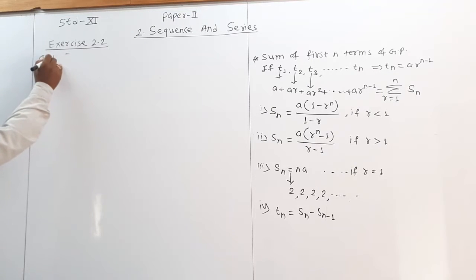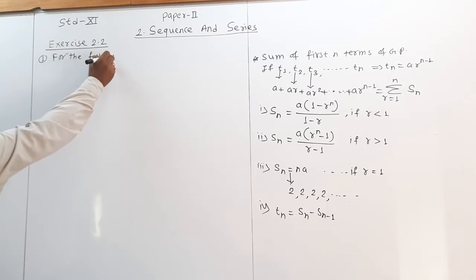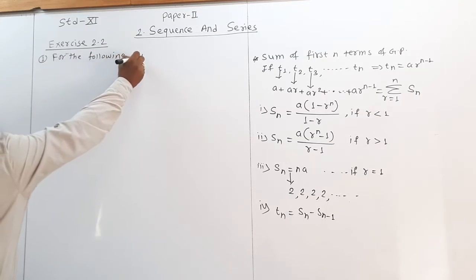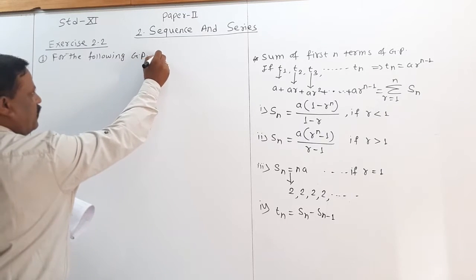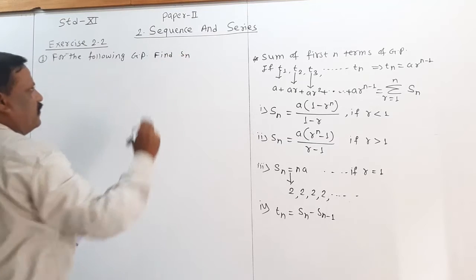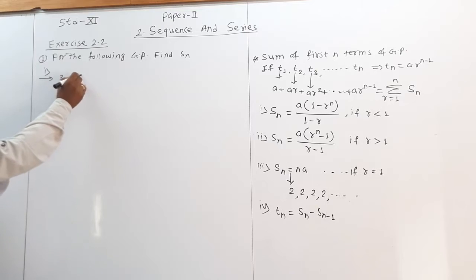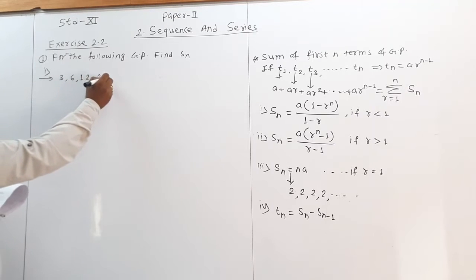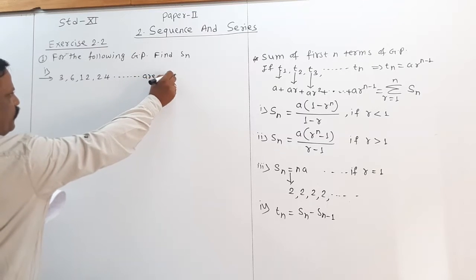For the following geometric progression, find Sn. The sequences are already in geometric progression: 3, 6, 12, 24 are in geometric progression.